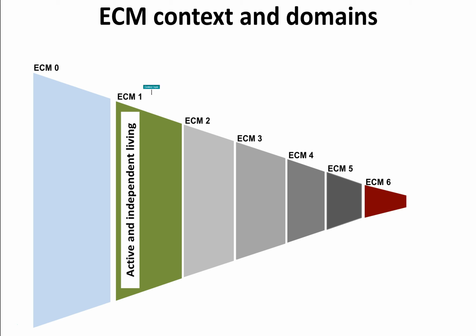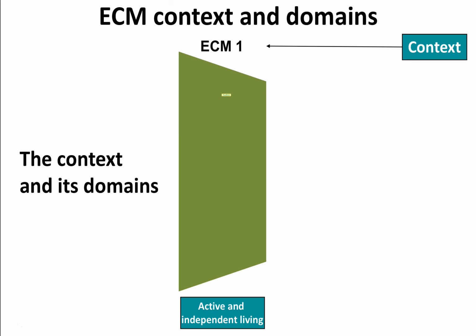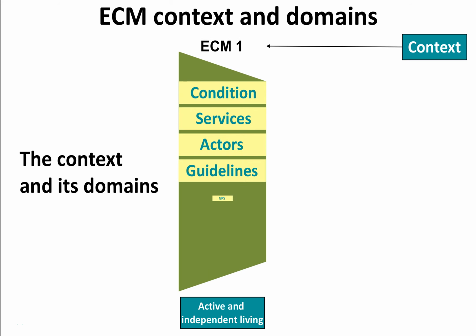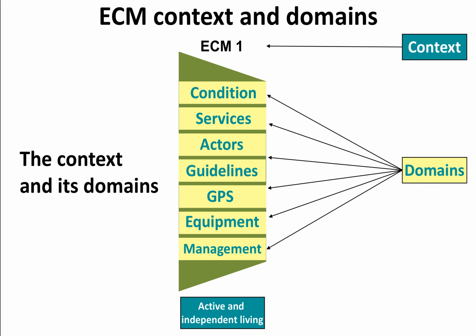An ECM filter is a context that's composed of information from a number of subdomains. In this screencast, we must review the basic systematics of the ECM based on ECM filters and their corresponding domains constituting the ECM matrix.